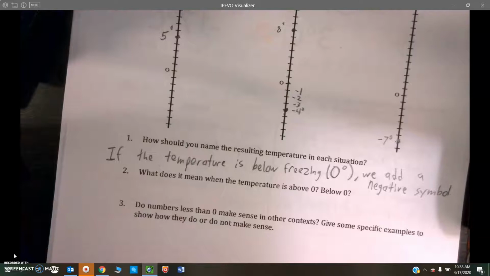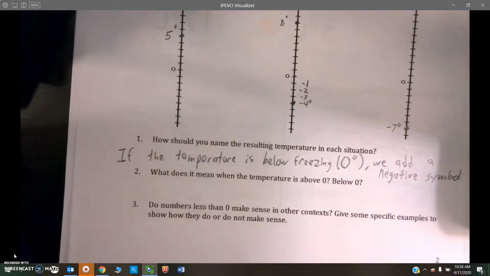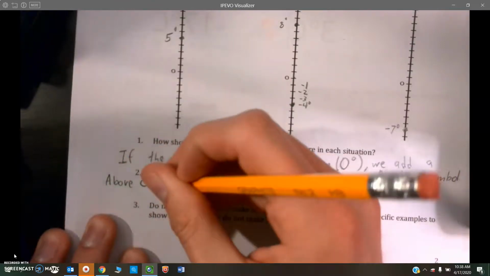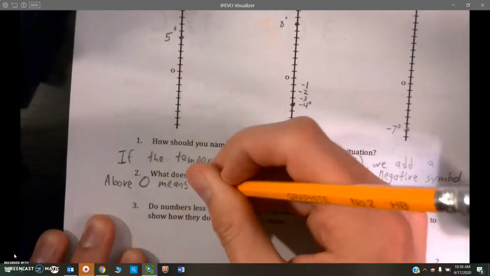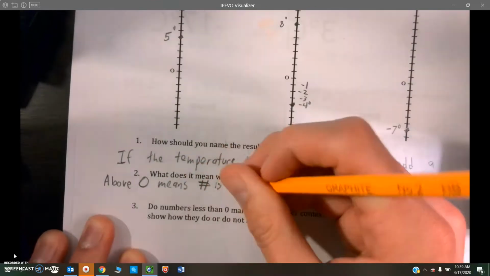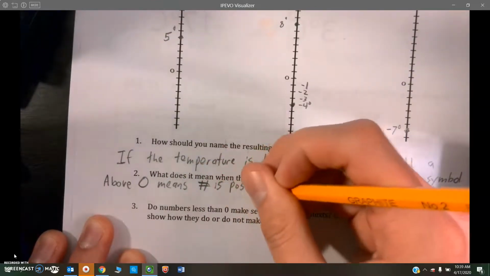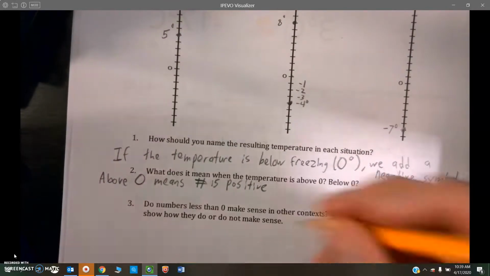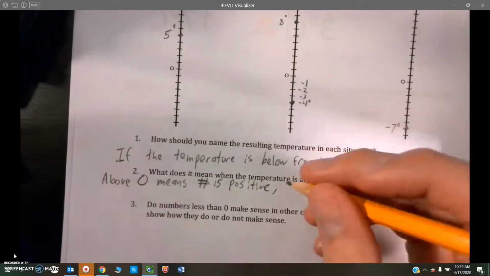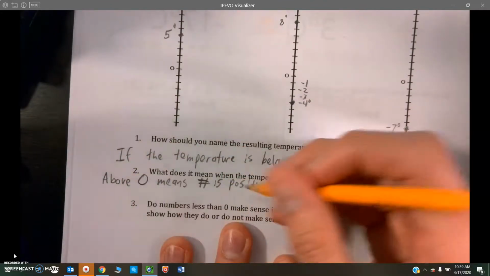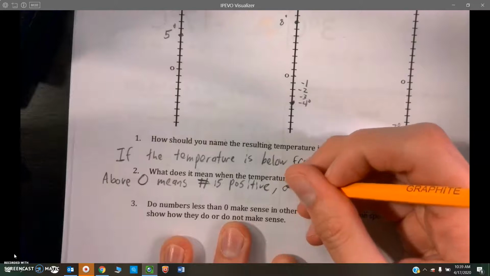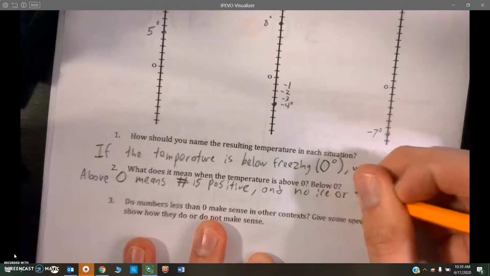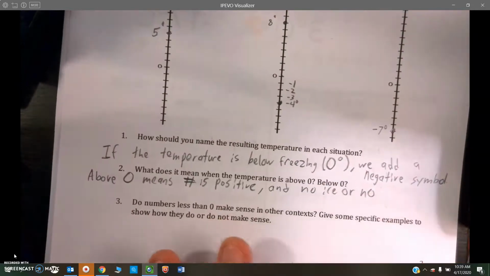So what does it mean when the temperature is above 0 or below 0? So above 0 means the number is positive. And if we're talking about freezing, then above 0 means the number is positive and no ice or snow, because it's above freezing.